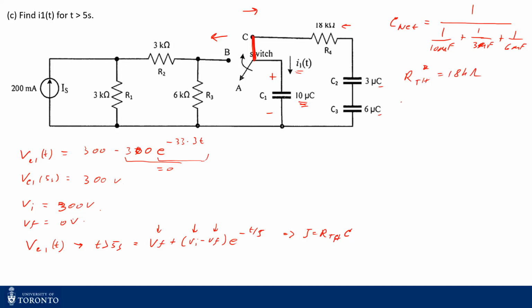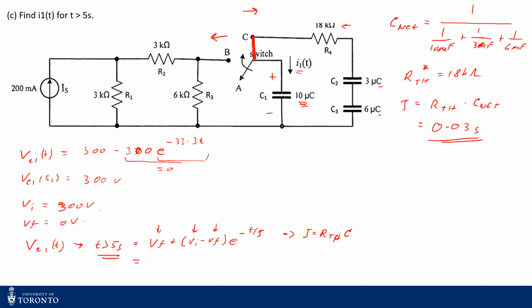So now what's your new tau? Once you plug in the values, R Thevenin times C net, fortunately, you will also find that it's the same value as before, which is 0.03 seconds. So now you plug in these values to find your VC1(t) for time greater than 5 seconds.